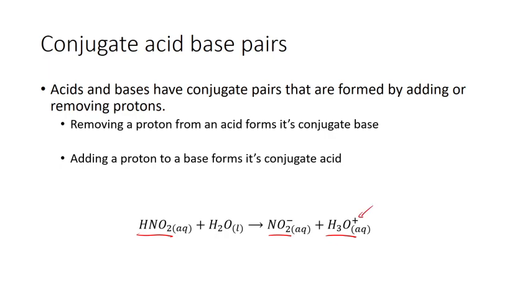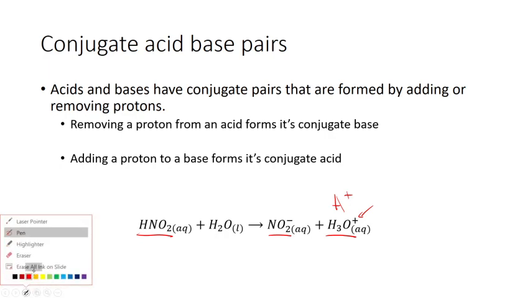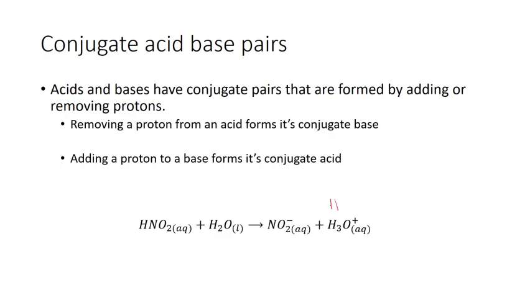So sometimes in acidic situations, you will see this, the hydronium ion, written as H3O plus. Sometimes you will just see H plus written. Either way, this is the component that has resulted in the dissolution of your acid.